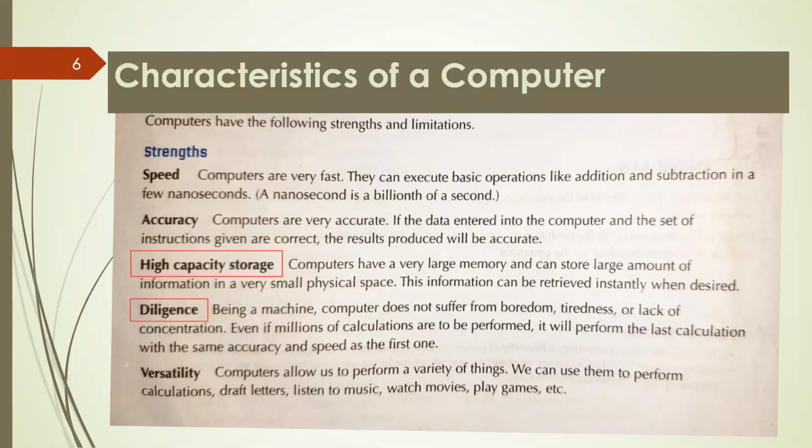Versatility is because the computer can perform a variety of things: calculation, drafting letters, listening to music, many things we can do. So versatility is one of the characteristics of a computer. So this is the strength of a computer. Now let us see the next, limitations.